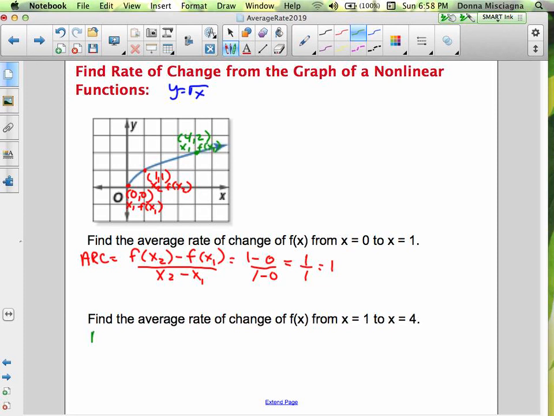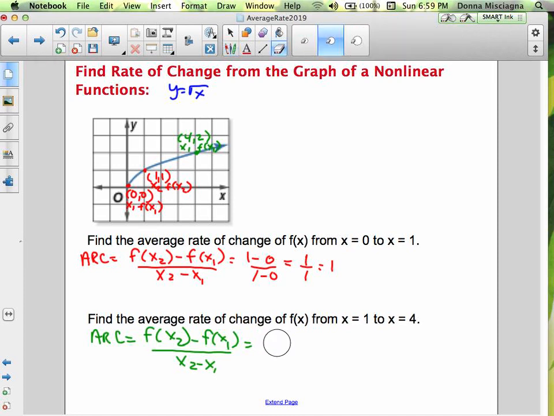So average rate of change is the difference in the value of the function over the difference in the x value. Actually, be consistent. I will take the 1 first, because that one's labeled first. So 1 minus 2.